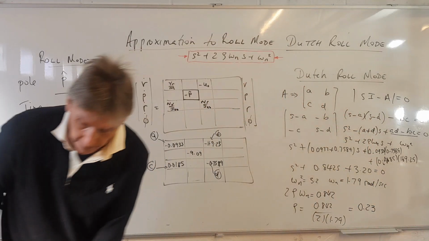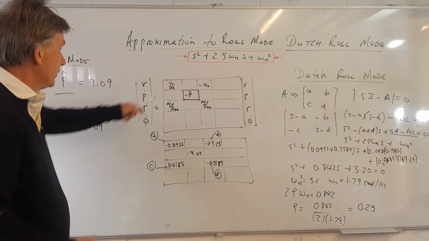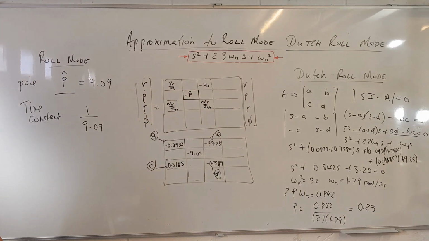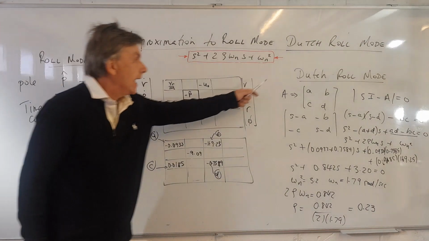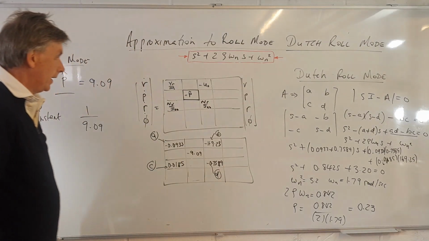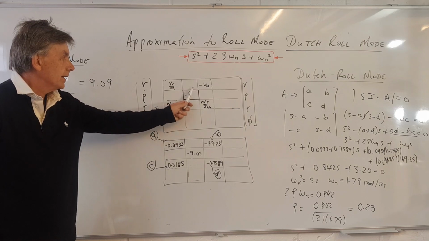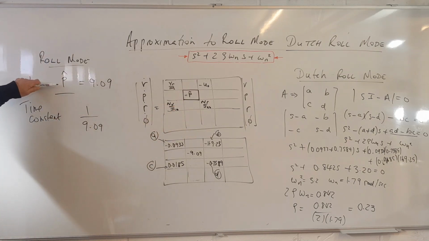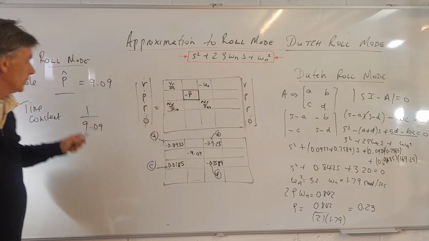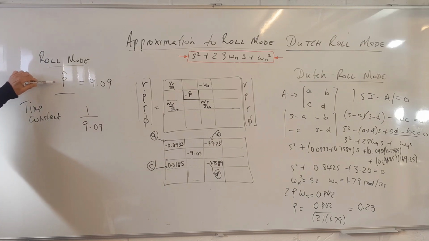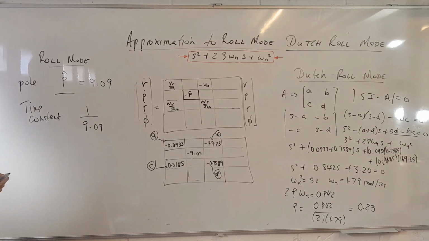So I've now been able to extract from the original 4x4 matrix the roll mode and the Dutch roll mode. The way we've done that is very simple. Go for this parameter here, the 2x2 element, with the negative sign removed, that is the pole associated with the roll mode.